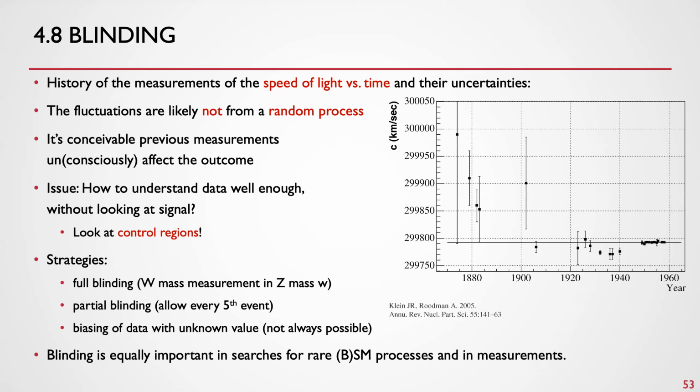Then you can carry out your analysis, even look at the signal region, even make tuning, because you're statistically limited. You will not bias your result, as there's a large statistical component in the uncertainty that disguises any systematic tuning that you may undertake. And then you unblind once you've frozen. One can also bias the data with an unknown value.